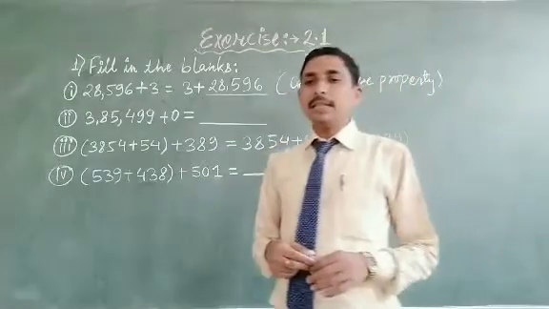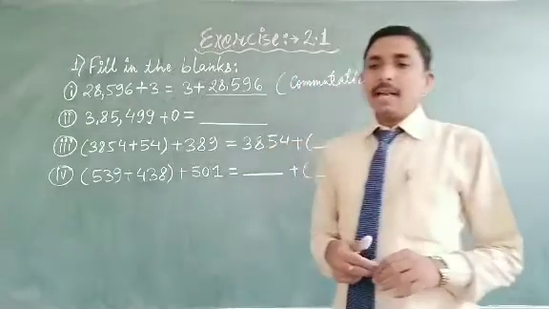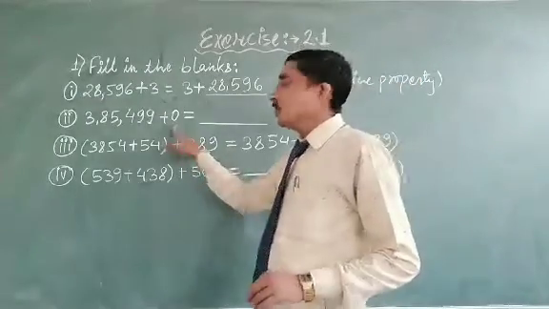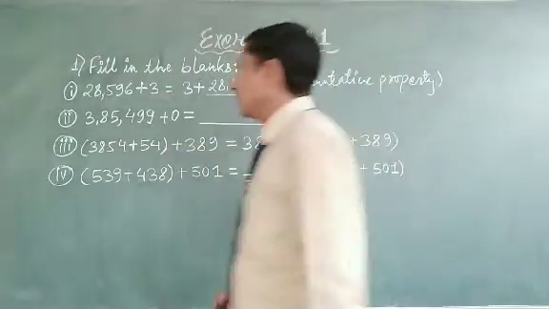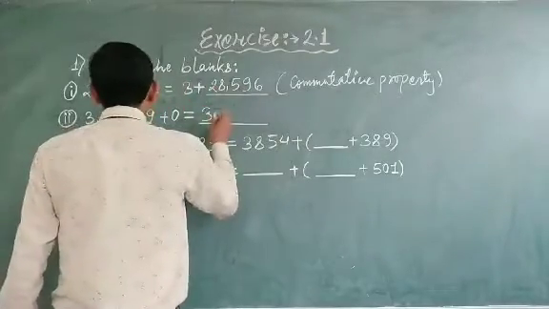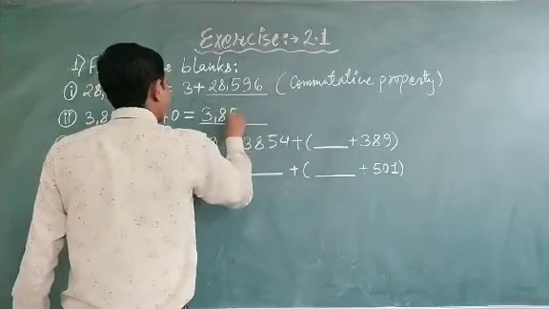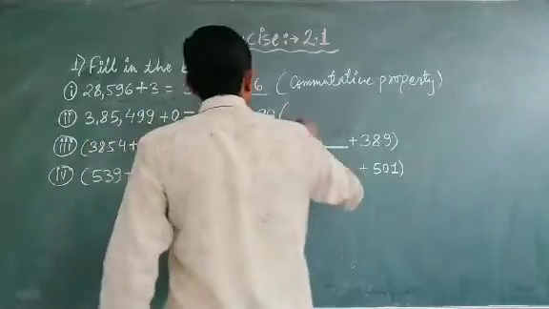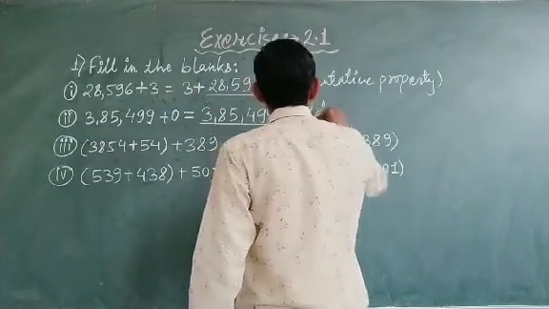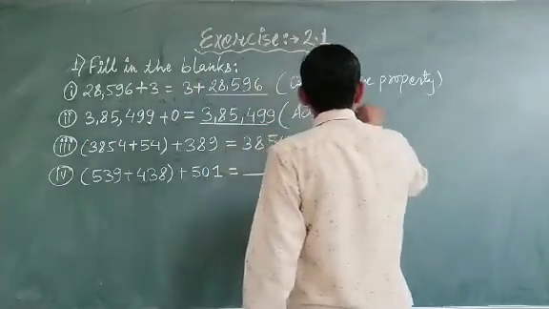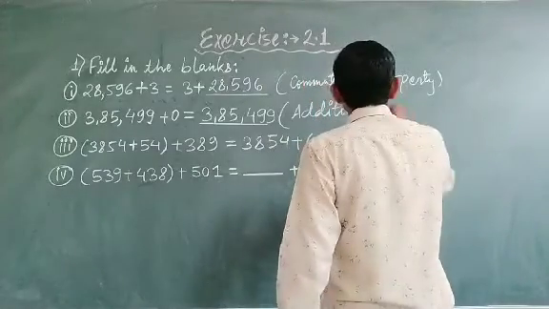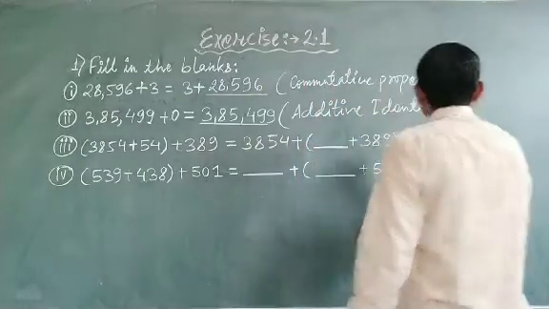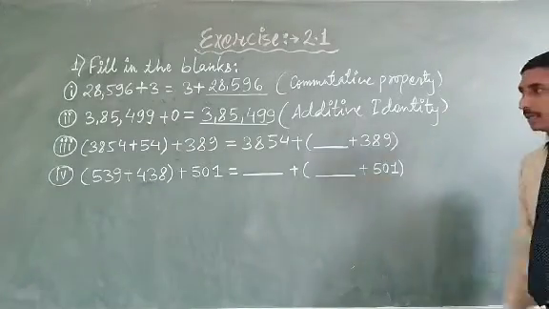In additive identity, when we add any whole number to 0, we get the number itself. That means the answer will be 385,499. So this is called the additive identity property.